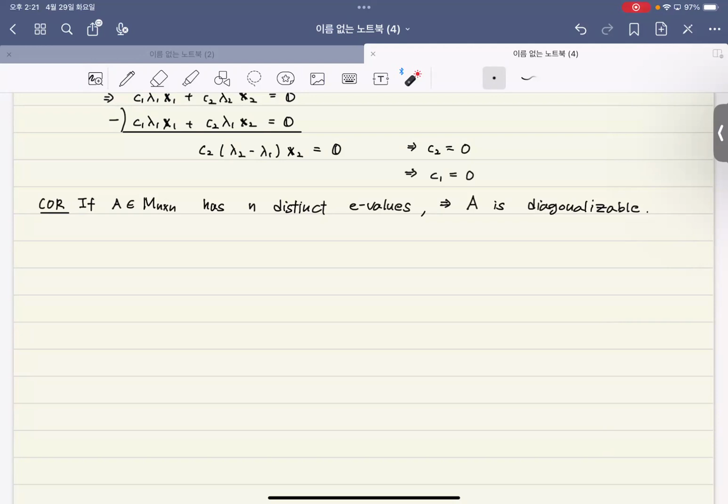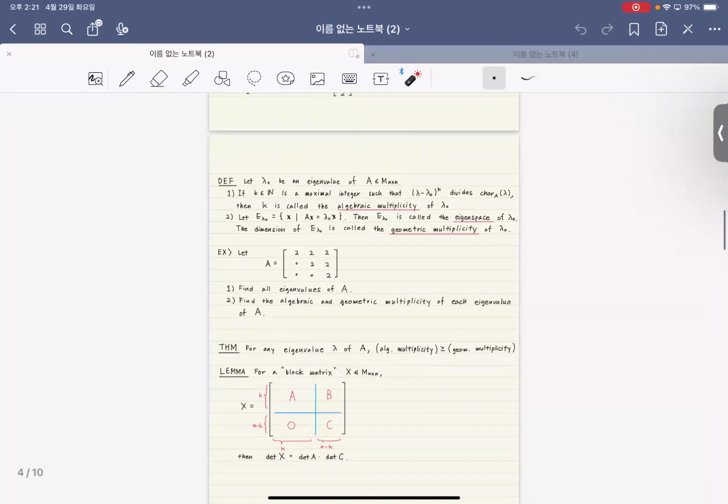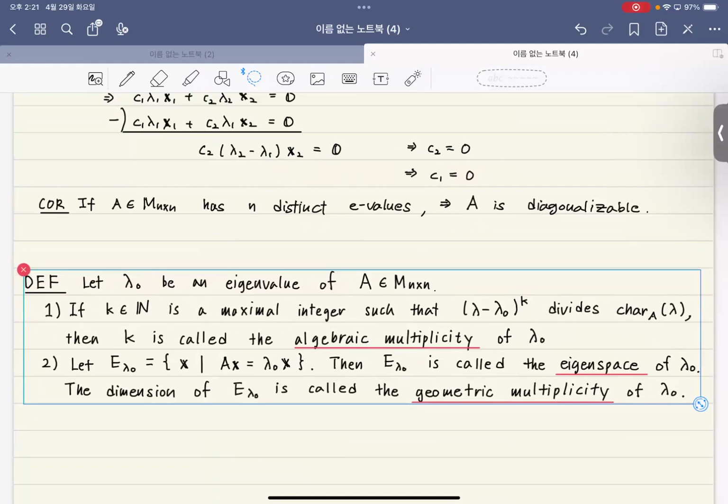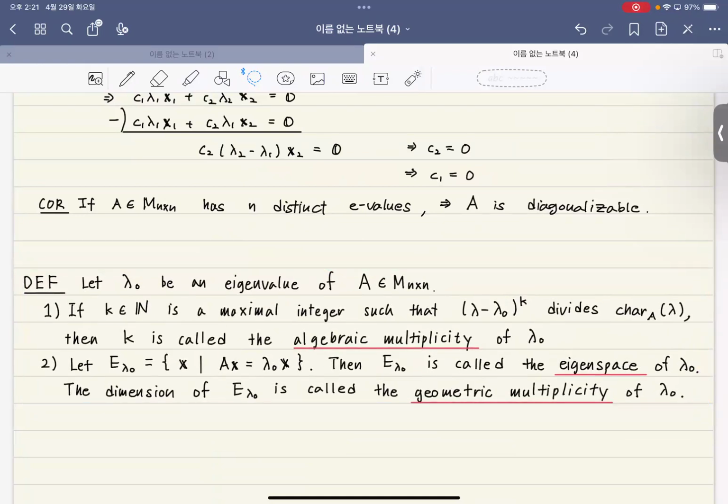So in order to deal with such cases, now we have to define some notions. They are not tricky, they are some easy notions, but you have to understand the meaning of the algebraic multiplicity and the geometric multiplicity.